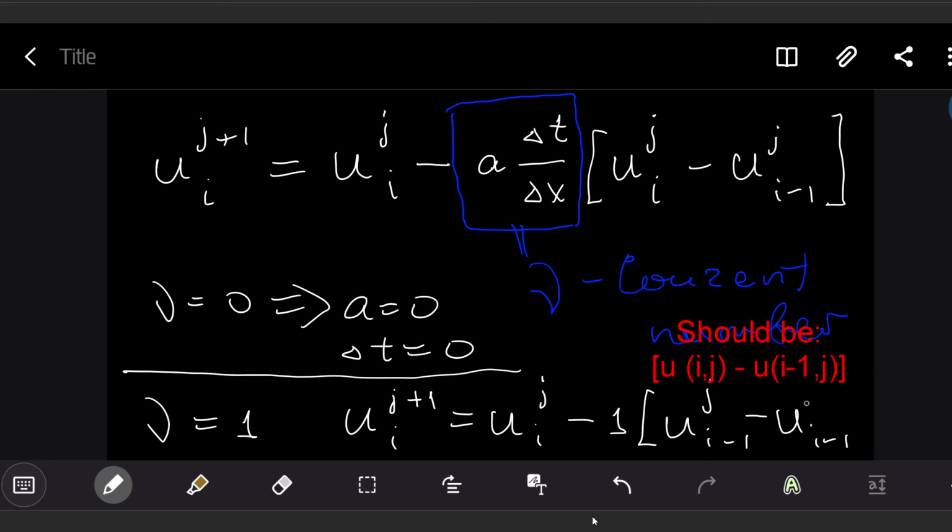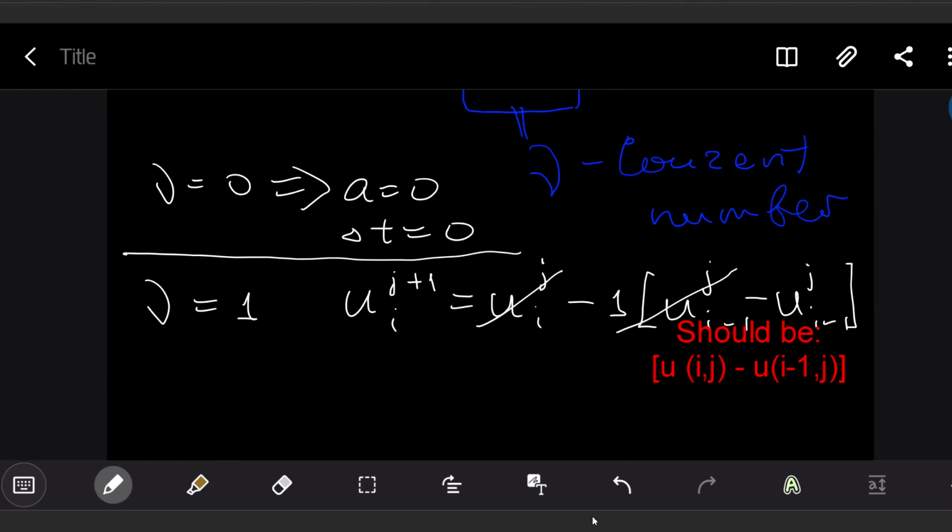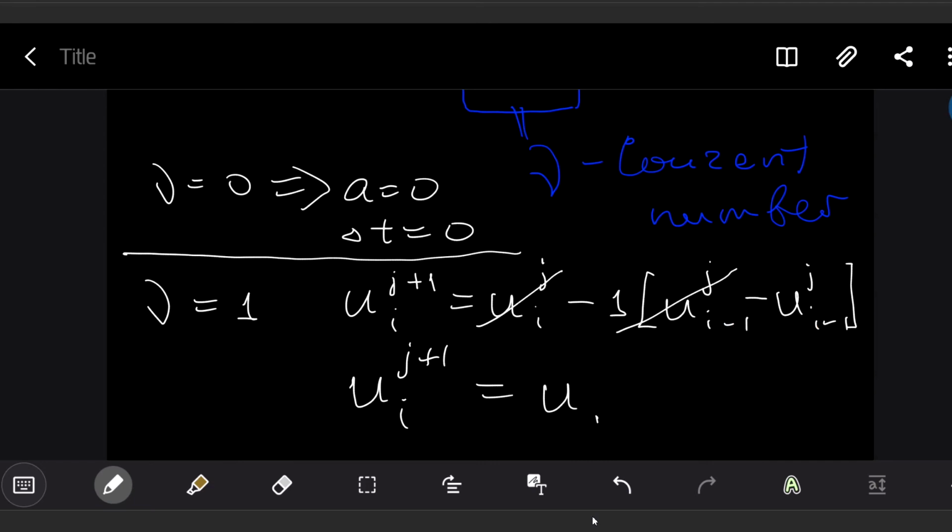From here we can easily see that we cancel two parameters, and we can easily see that any parameter at the point of the next time layer will be absolutely the same parameter from the previous time layer, from the previous point. It is simply a transition from one point to another.